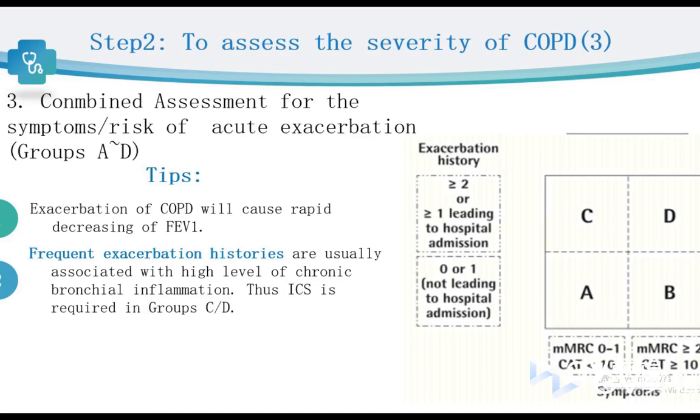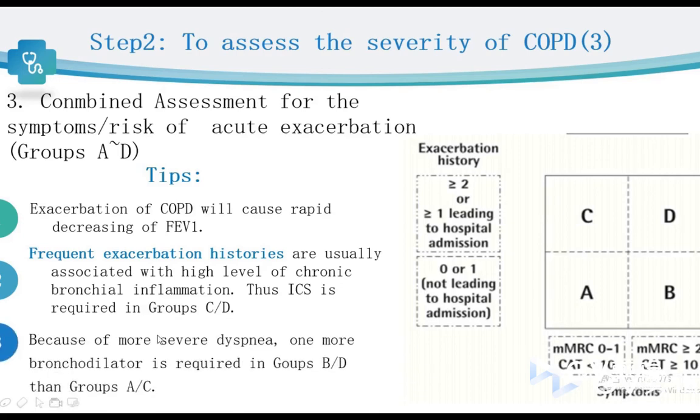So, the ICS, that is the inhaled glucocorticoid, is required only in Group C or D. 3. Because of more severe dyspnea, one more bronchodilator is required in Groups B and D than Groups A and C.